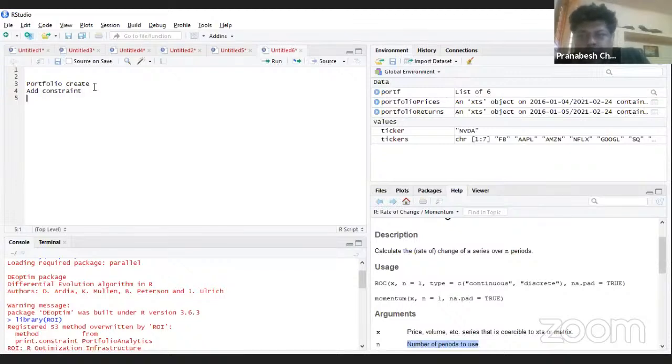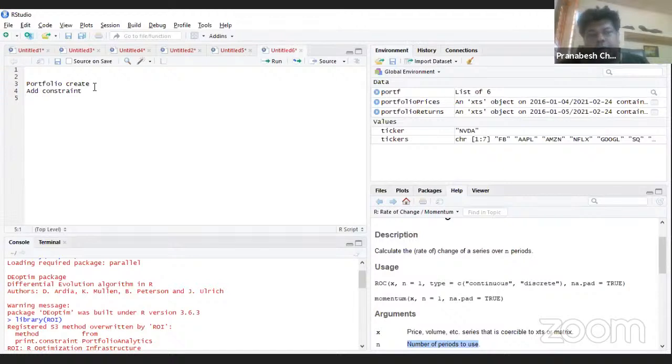Right now we have equal investment in each of the stocks. But say suppose I want to limit it. I want to say only get me 5% in my Netflix stock, 10% in my Amazon stock, 25% in my Google stock. And that constraint I want to provide to my portfolio.